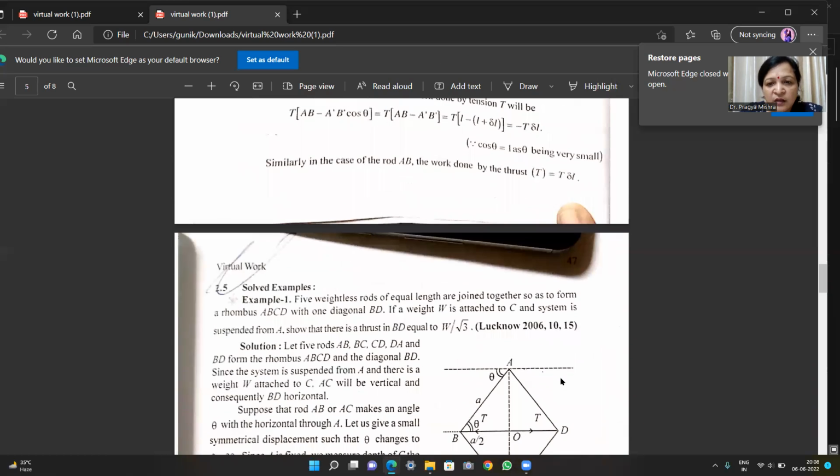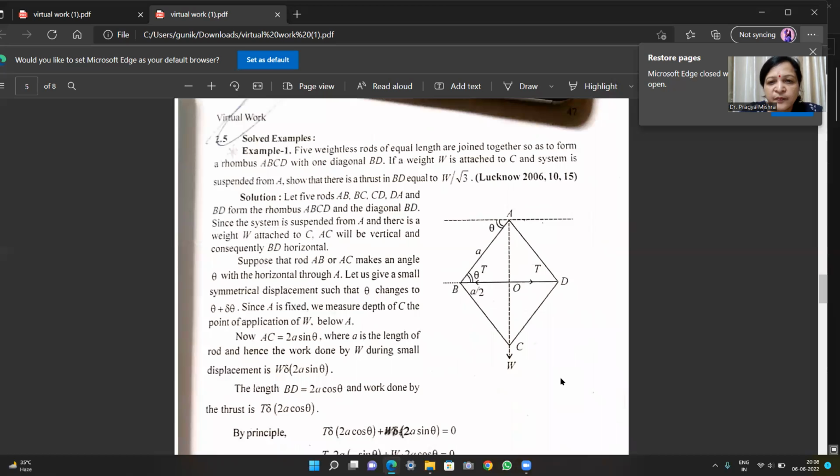Now let us see one example on this. 5 weightless rods of equal length are joined together so as to form a rhombus ABCD with one diagonal BD. Here AB, BC, CD, DA and BD are 5 rods, and if a weight W is attached to C, the system is suspended from A, so that there is a thrust in BD equal to W upon root 3.